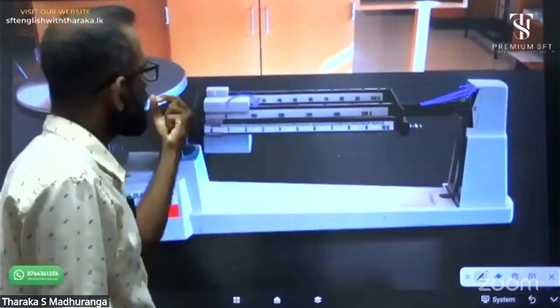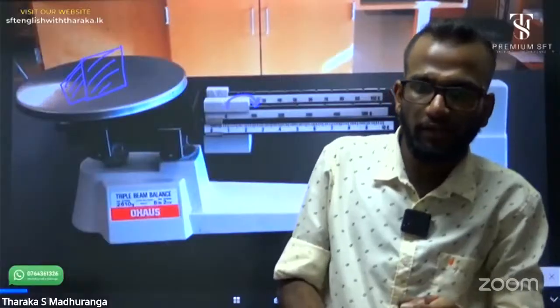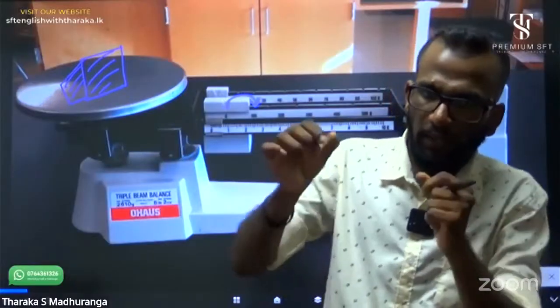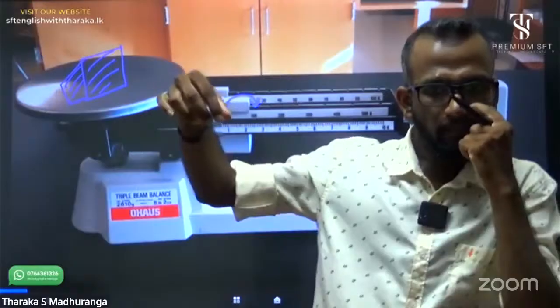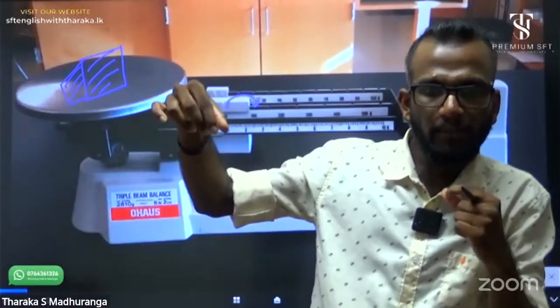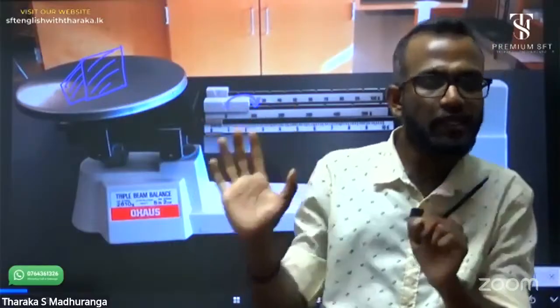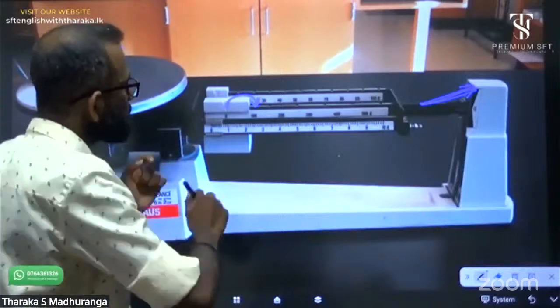What's the meaning? The object mass is greater than 100 gram. I placed the heaviest mass at 100 gram, and since there is no change, the object mass is greater than 100 gram.